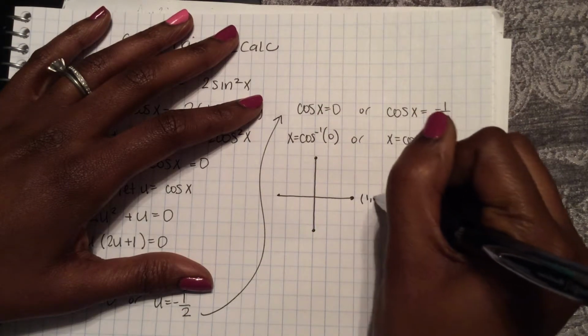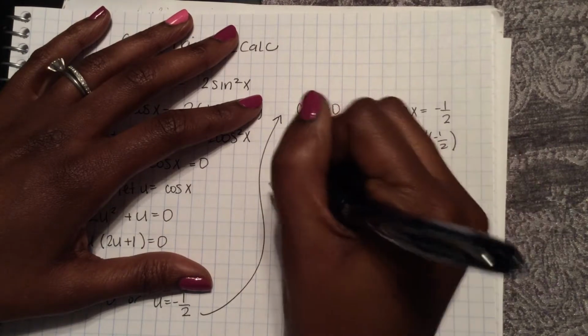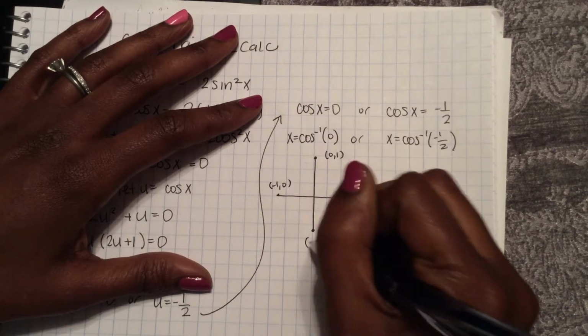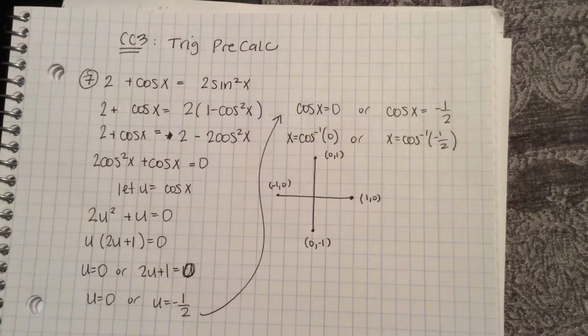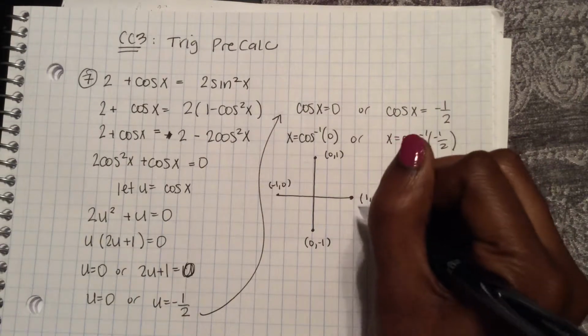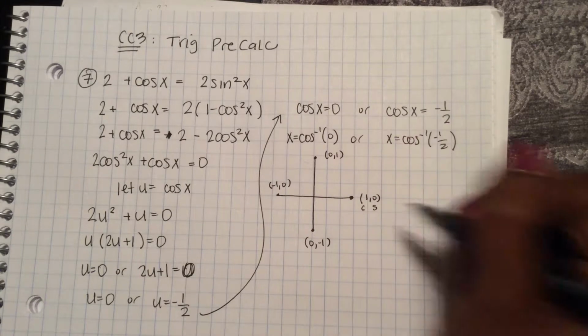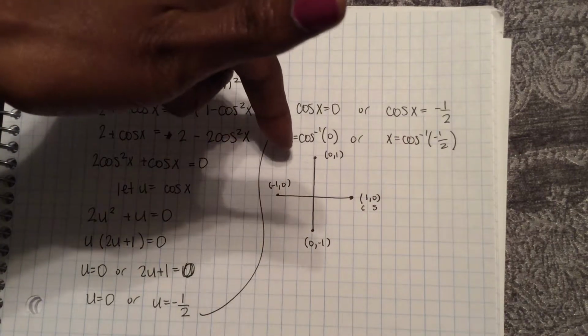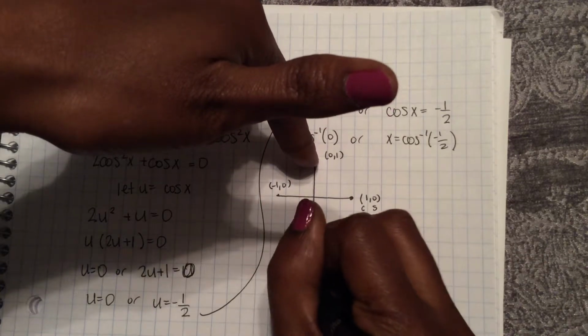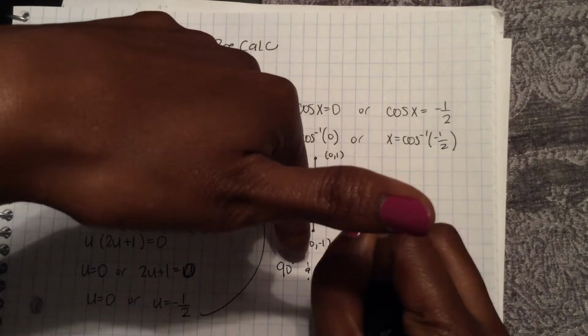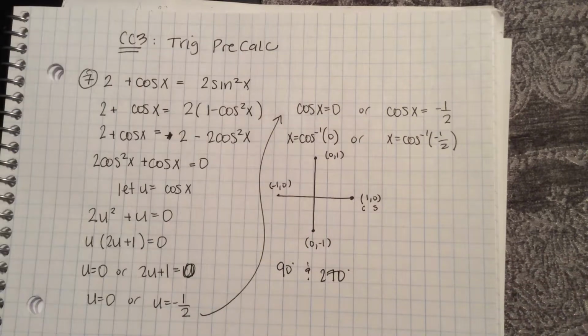This point is 1, 0, this is 0, 1, this is negative 1, 0, and this is 0, negative 1. Remember, when you're looking at the unit circle, x is cosine, y is sine. So where is cosine equal to 0? It's equal to 0 at 90 degrees and at 270 degrees.